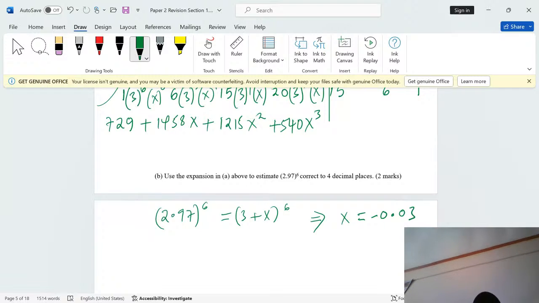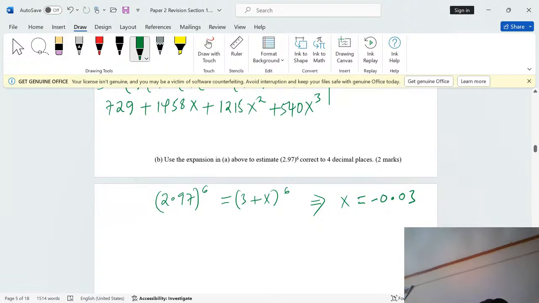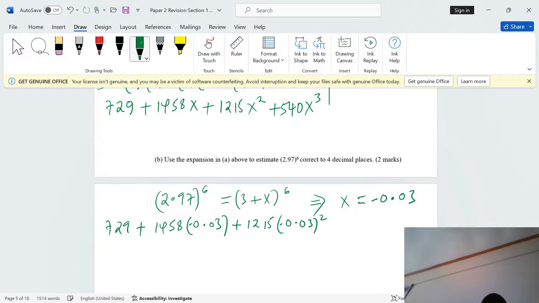Now we have to replace this value of x in the expansion up there. The expansion will now be 729 plus 1458 into negative 0.03. Then we add 1215 into negative 0.03 squared, plus 540 into negative 0.03 raised to power 3.